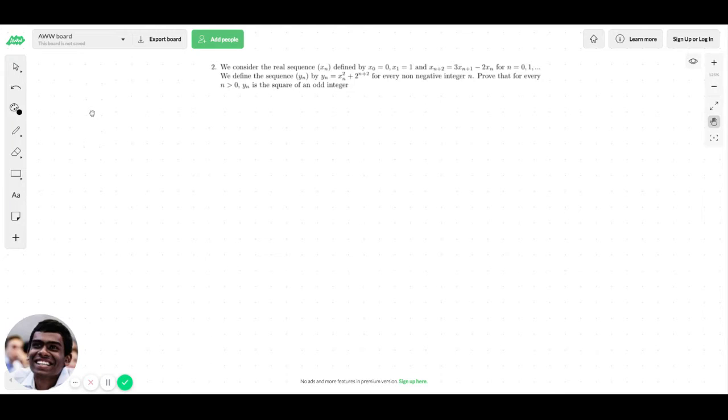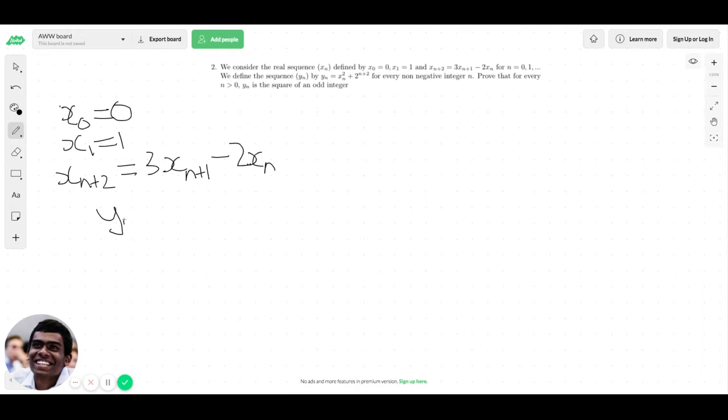Now we're going to have a look at question 2 from the team selection test. What this question basically asked us to do was to consider a sequence of real numbers, x_n, where initially x_0 is 0, sorry, x_1 is 1, and then x_{n+2} is equal to 3 times x_{n+1} minus 2 x_n. Then we also have y_n, which is equal to x_n squared plus 2 to the power of n plus 2.